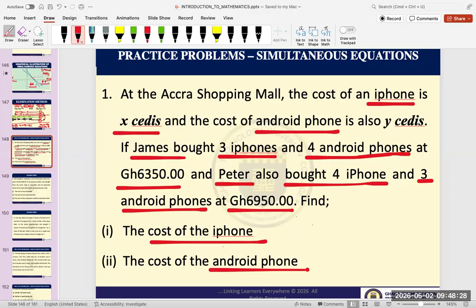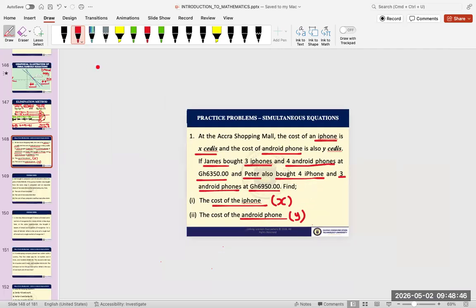This is a simultaneous equation. The cost of iPhone is X cedis. The cost of Android phone is Y. Let's write the equations for James and Peter. This is what happened.